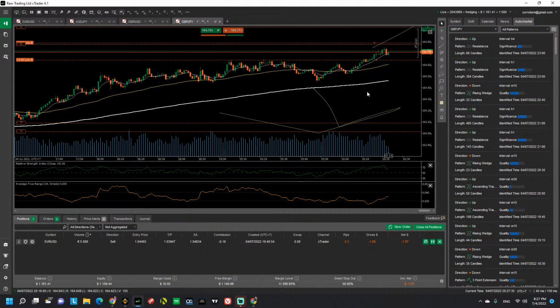Oh, the pound yen did not reach the target on top. So if that doesn't hit that target, if it hits this target, the sell stop, then I cancel the one on top.